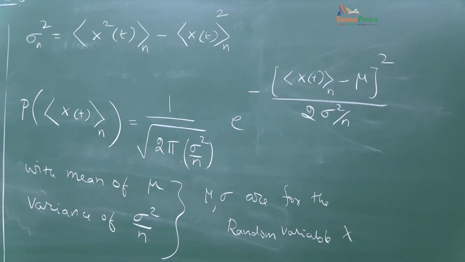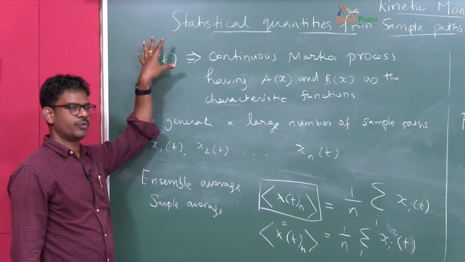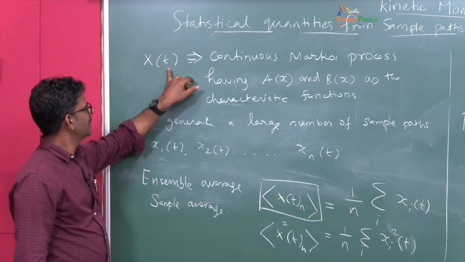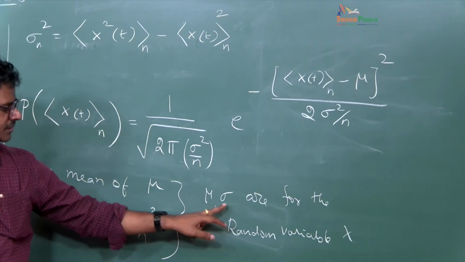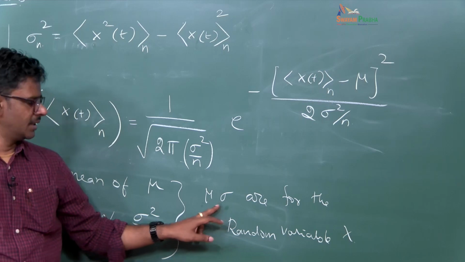Okay, so what I am saying is, if I have a random variable, I have a random process x of t, and let us say it has a true mean and standard deviation given by mu and sigma.